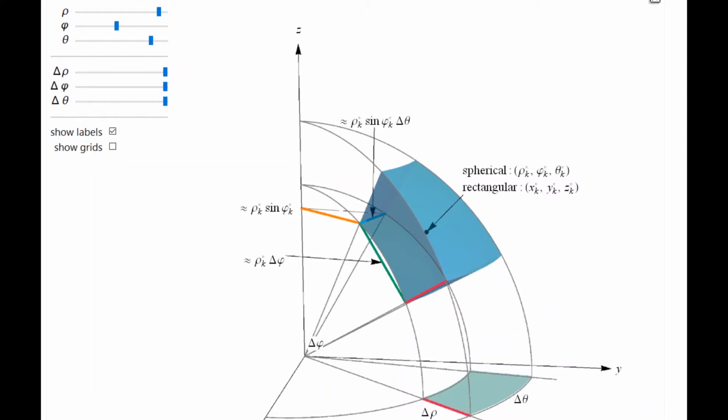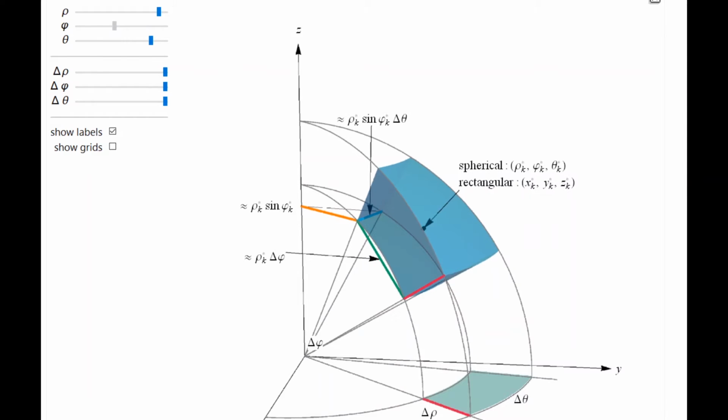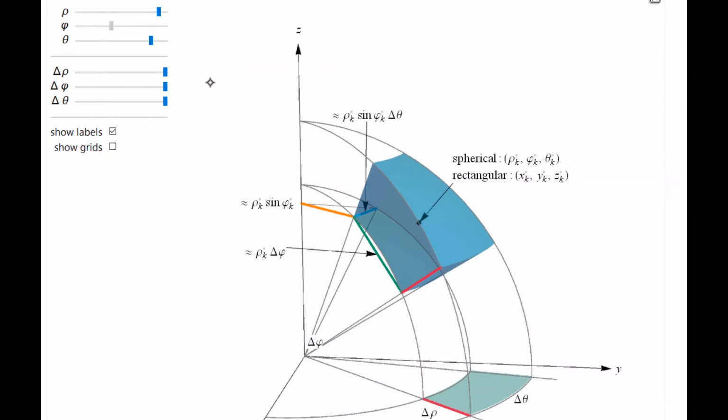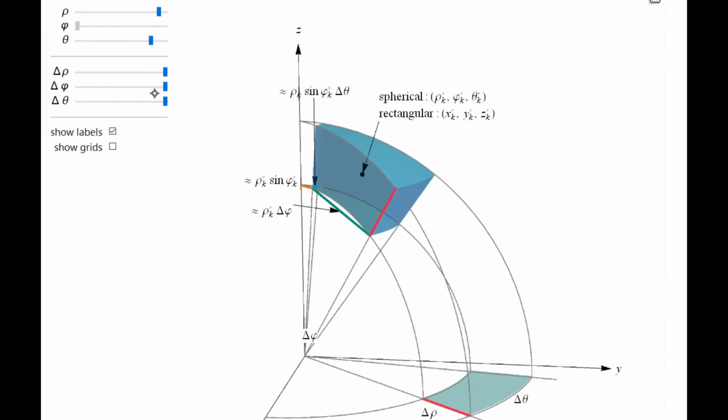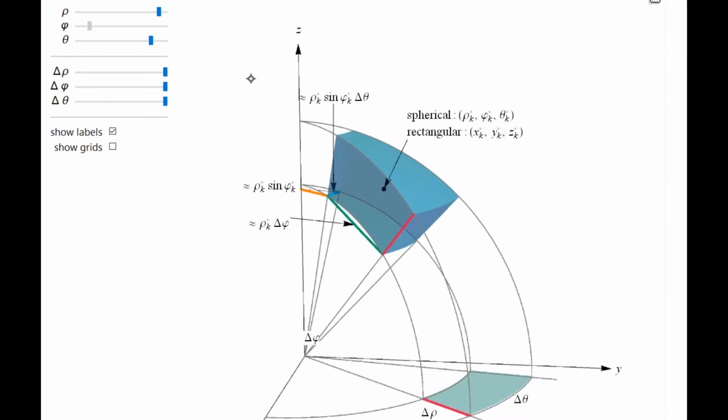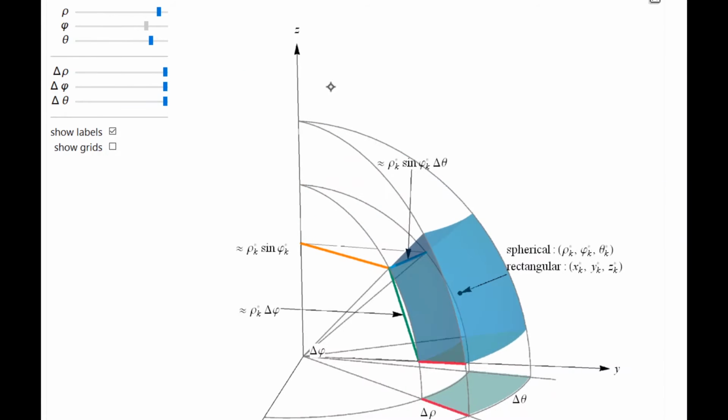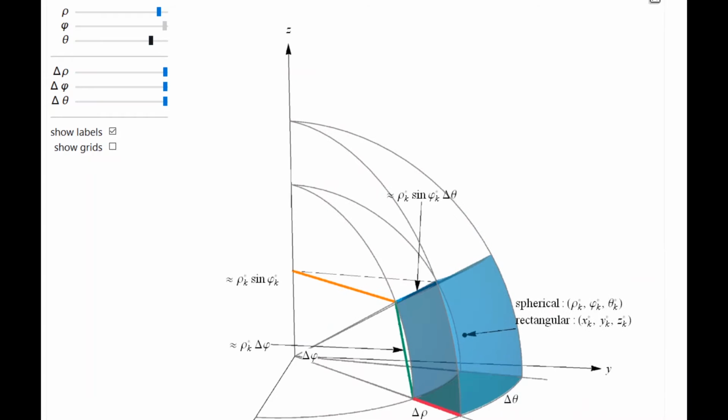So we could increase phi and move it up here, and you could see that the distances get smaller as we move up there. Whereas if we move down closer to the equator, we must travel longer distances for any given d theta.